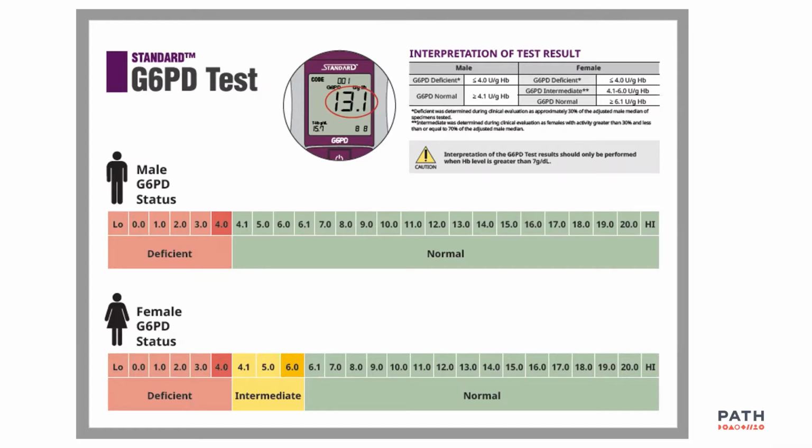So our goal is that as we get more feedback about the use of the test and what materials are needed, we can keep iterating on them. But hopefully this will be useful for people who are training on the use of this test and particularly working at lower levels of the health system.